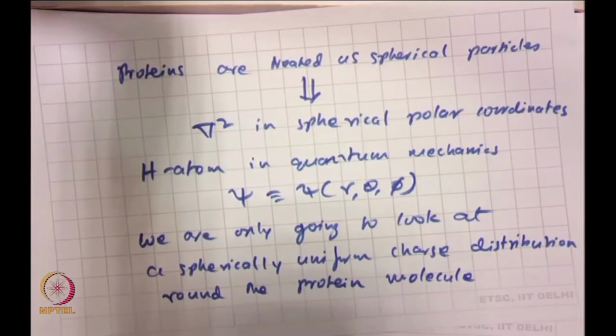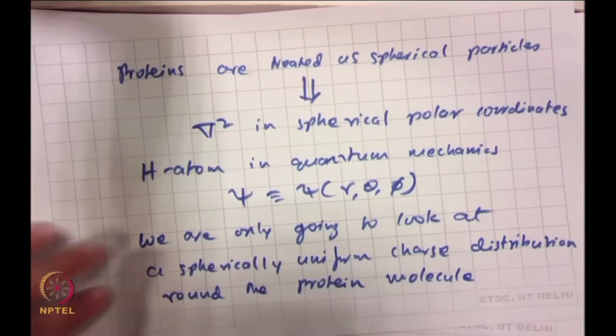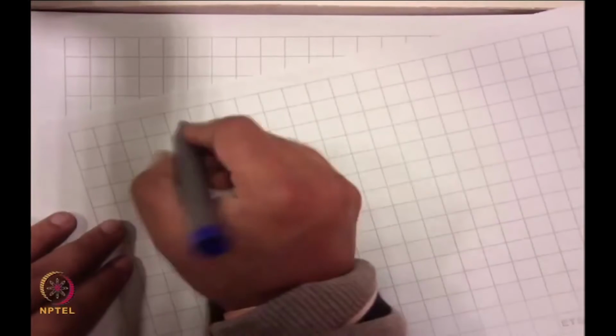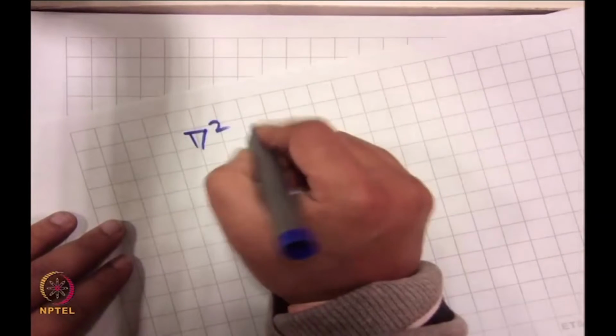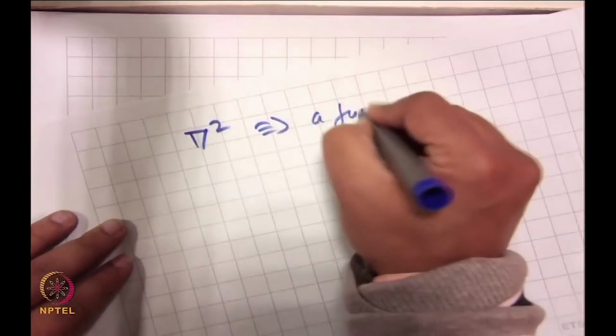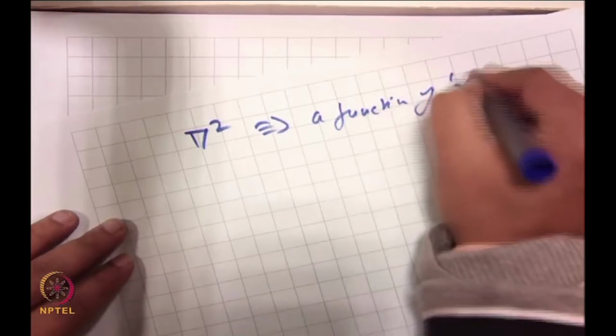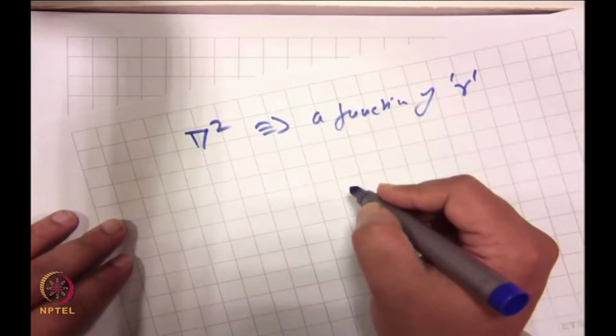Think about s orbitals. Do s orbitals have any theta and phi dependence? S orbitals do not have theta and phi dependence, right, because they are spherically symmetric. So, the same thing is going to happen here. That means the del squared would not have any dependence upon the angular values, that is theta and phi. So, essentially del squared now is only a function of r, where r is the distance in the radial direction.